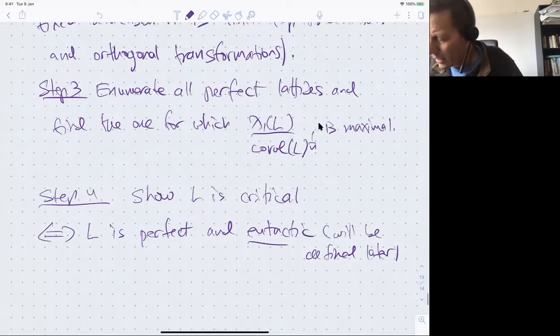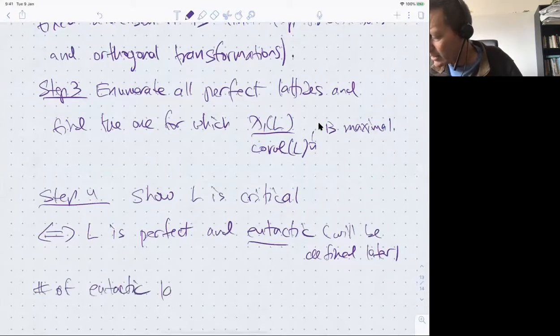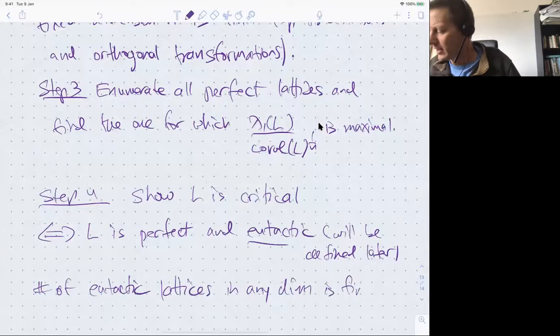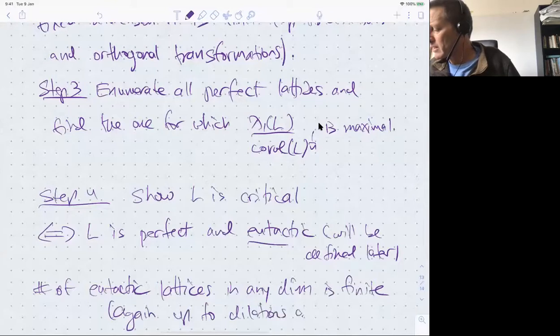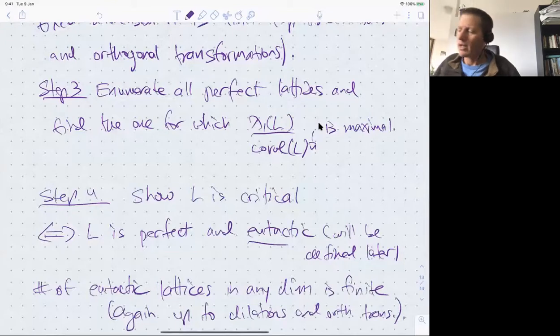And the number of eutactic lattices in any dimension is finite, again, up to dilations and orthogonal transformations.